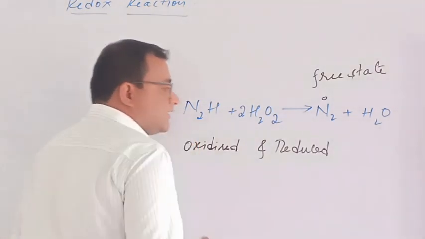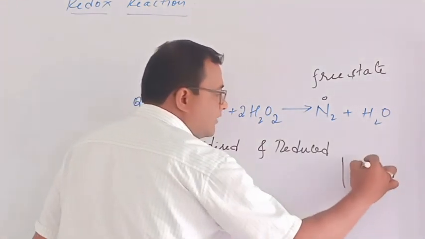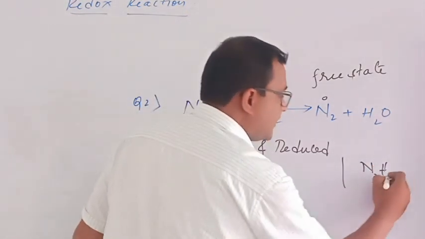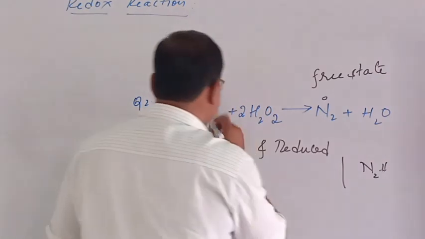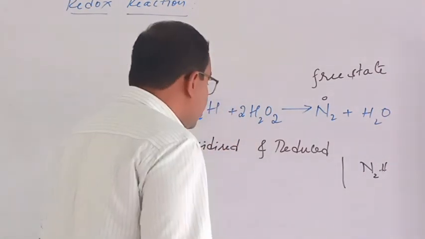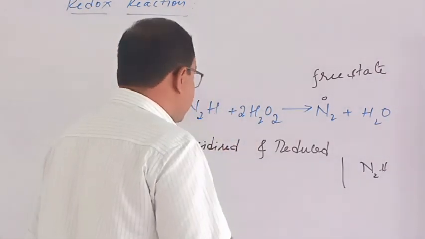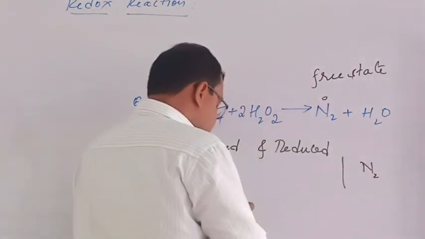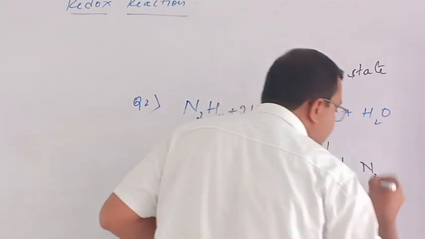When you calculate the charge of nitrogen, it is N2H4. Sorry, I forgot to write 4 here.